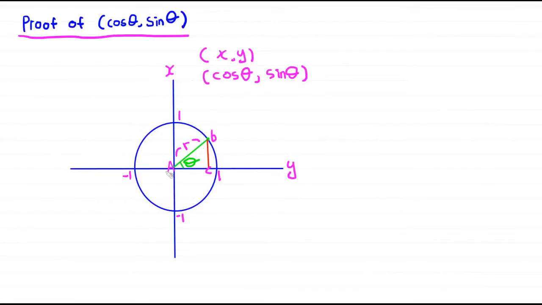I will call this R, which is the initial value of the radius. I will call this length X, and I will label this length Y.